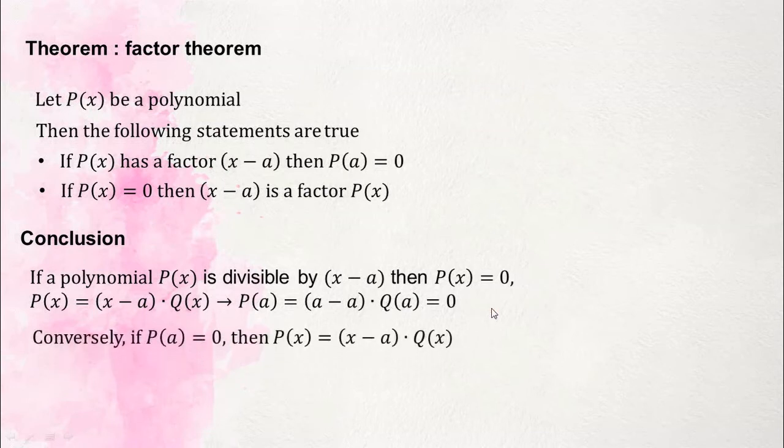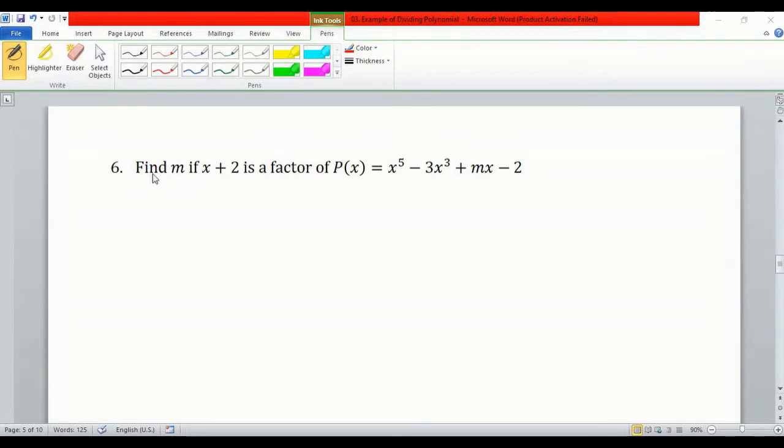And then the second, conversely, if p(a) equals 0, then p(x) equals (x minus a) times q(x). So without further ado, let's jump to the example. Number 6, find m if x plus 2 is a factor of p(x) equals x^5 minus 3x^3 plus mx minus 2.